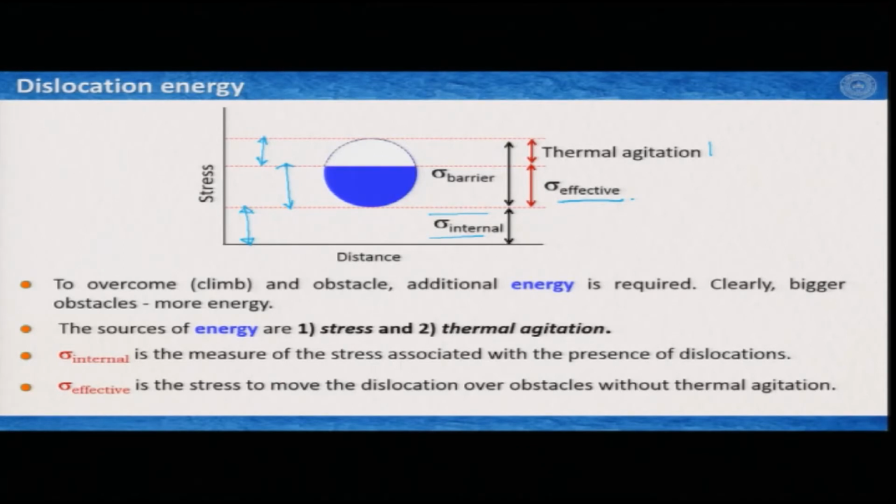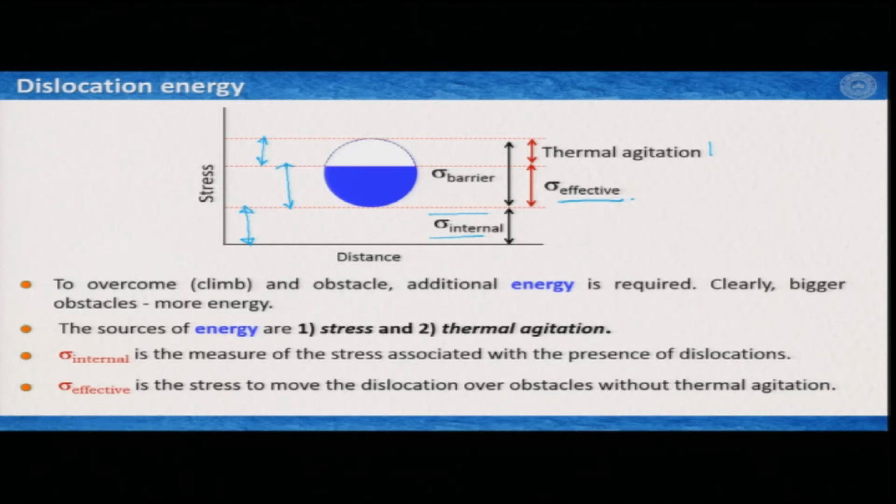So, this is what is written here: to overcome and climb an obstacle, additional energy is required. Clearly, the bigger the obstacle, the larger the energy you need. So, the sources of energy to achieve the level of sigma barrier are stress and thermal agitation.